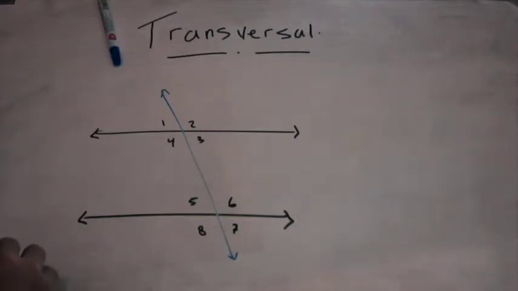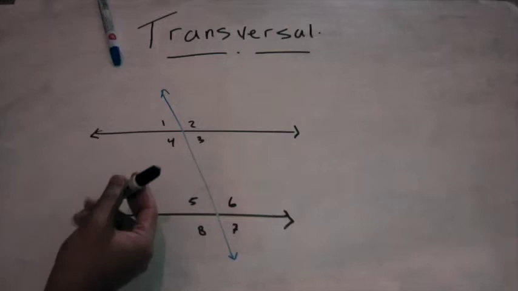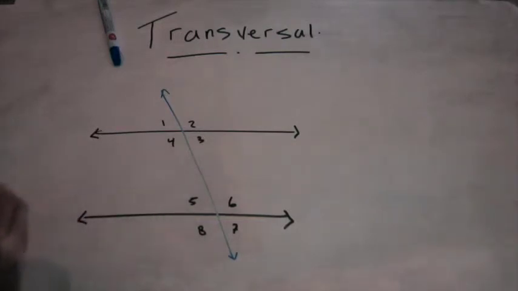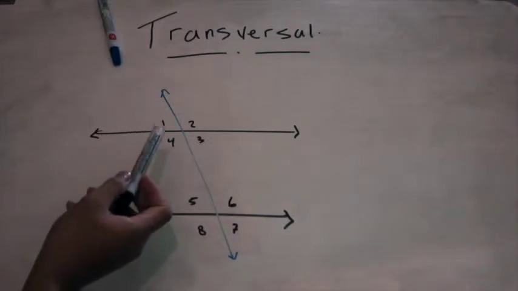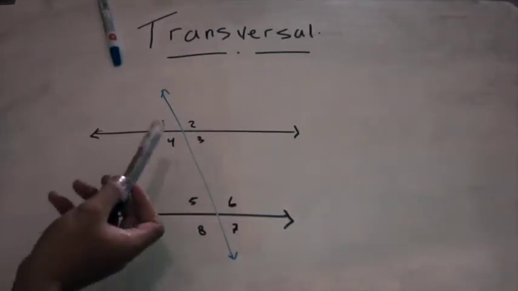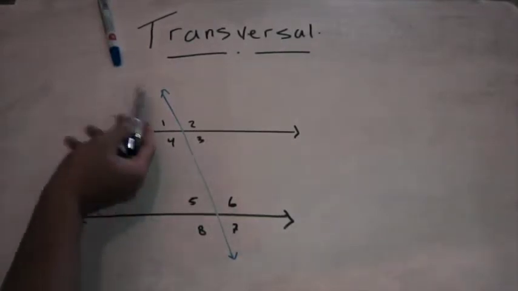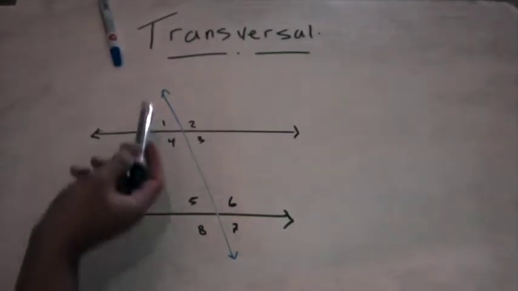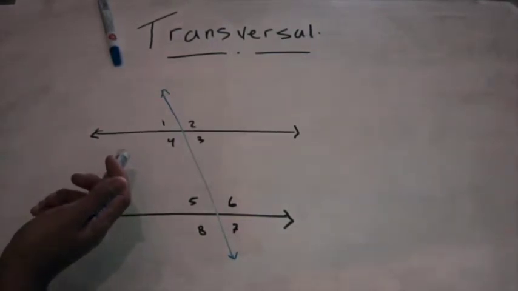There's some more terminology that we should know: what a corresponding angle is. In this situation, as you can see, you've got parallel lines, and there's a line across them, right? That's the transversal.